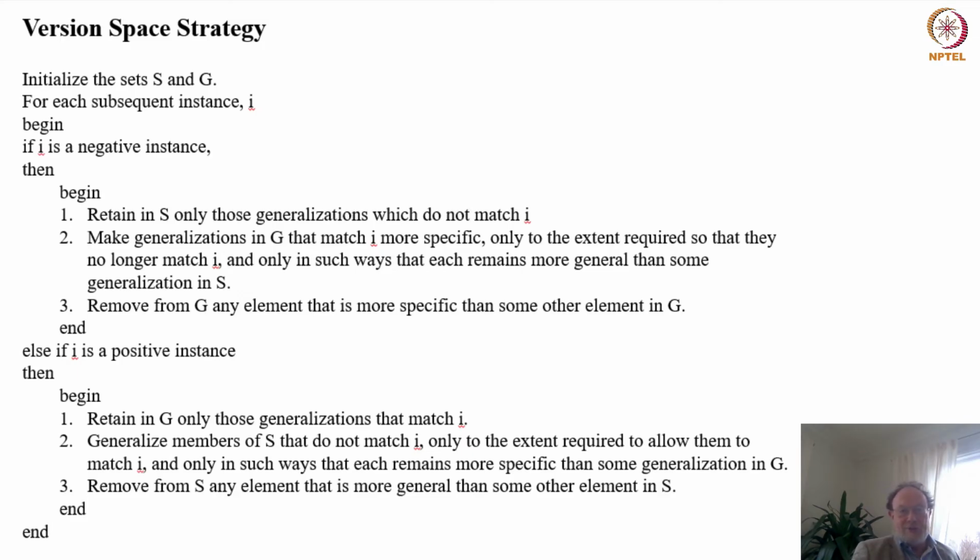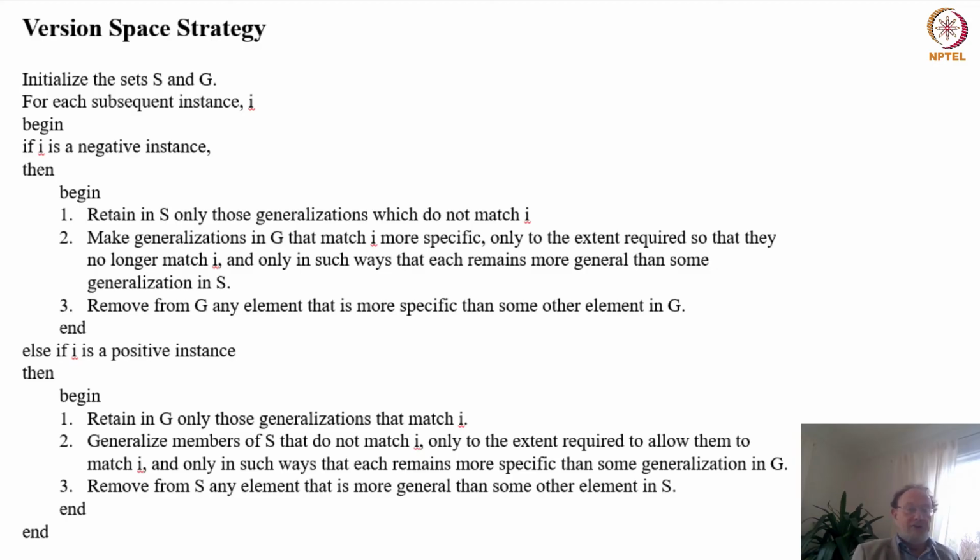So essentially what we do when we see a negative instance, we make generalizations of hypothesis in G more specific, but we make it in a conservative way. In the same fashion as we see a positive instance, we generalize members of S that do not match E, but also conservatively, only to the extent required to allow them to match E, and only in such ways that they remain more specific than some generalization in G.